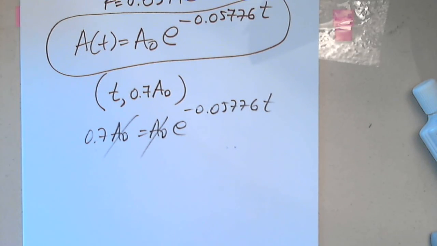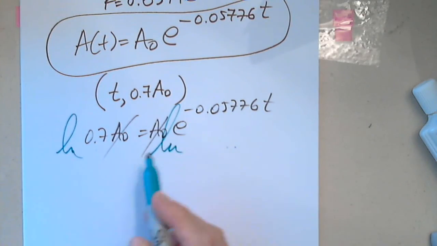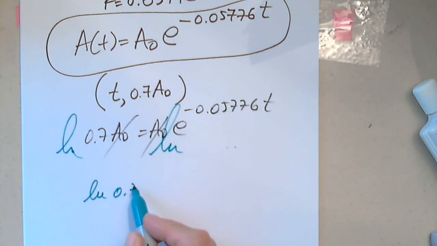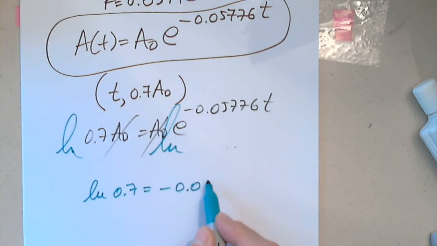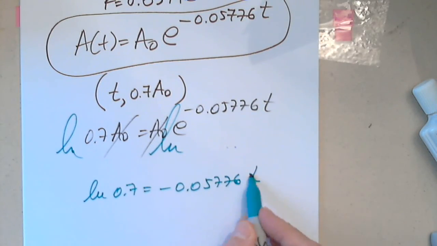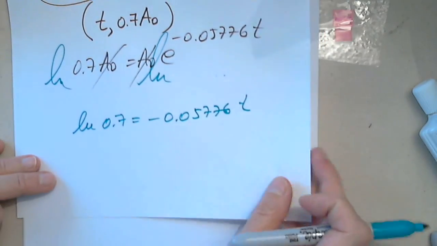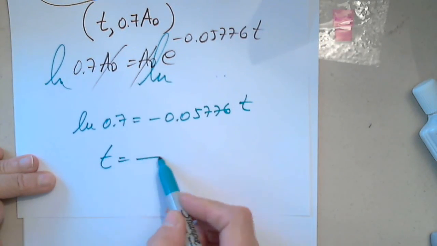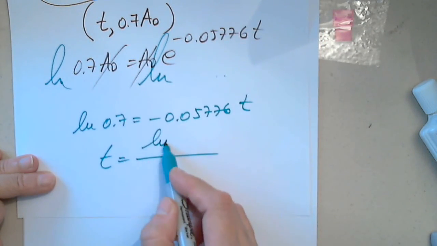Of course, as you see the pattern now, all these problems are identical. So natural log of 0.7 equals negative 0.05776t, and then t equals this over this.